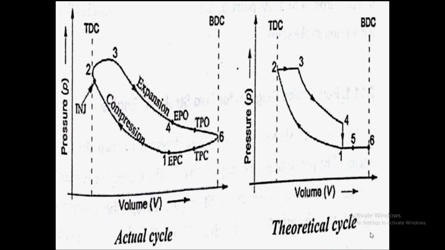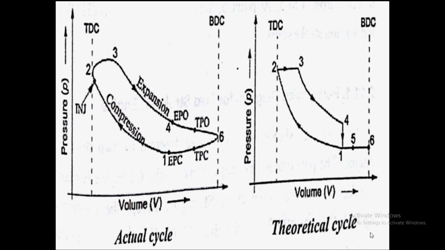The volume of air enters into the cylinder as the piston moves from TPO to BDC. During the second half of the stroke, that is BDC to TPC, the air is compressed and burnt gases are pushed out. Beyond transfer port close, the exhaust port closes, which is EPC, at point 1.